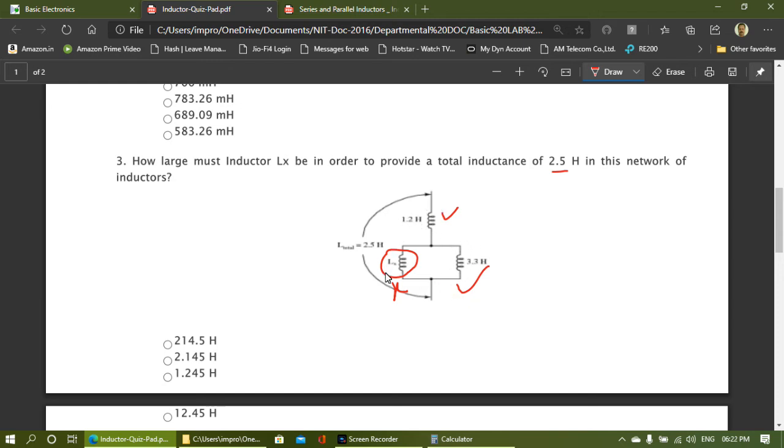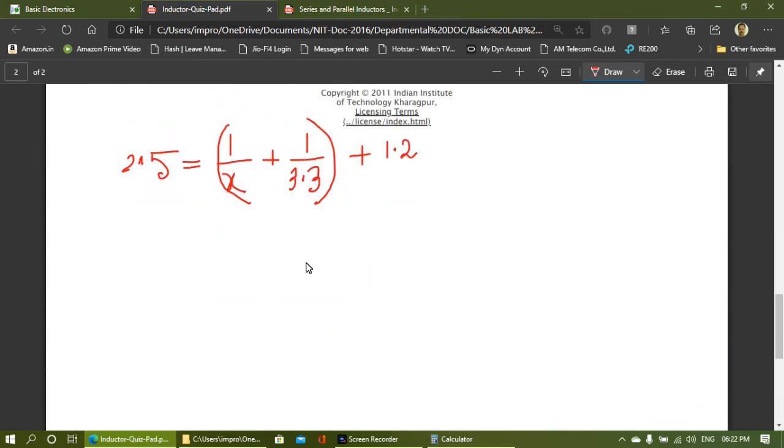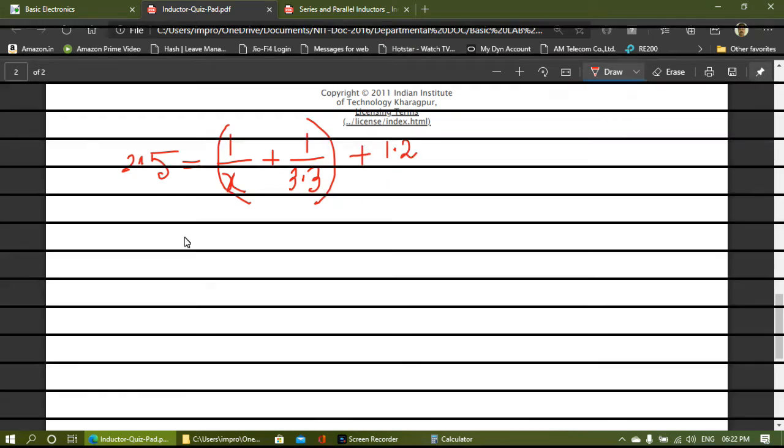So we are already given this total inductance value as 2.5, so I write here 2.5 is equal to 1 by x plus 1 by 3.3, and then plus 1.2 Henry.